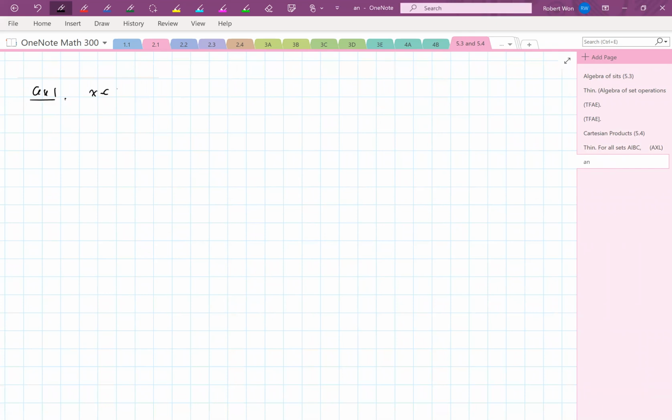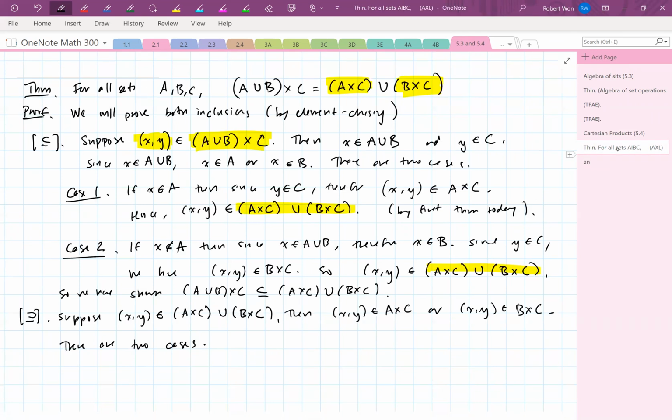x comma y is in A cross C. I'm trying to prove that x comma y is in A union B cross C, right?